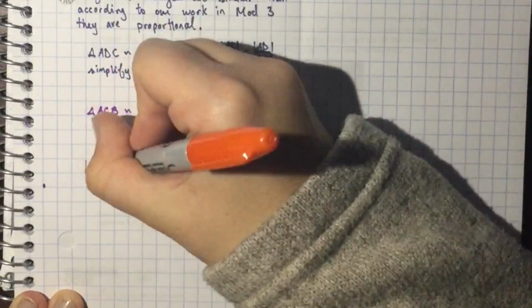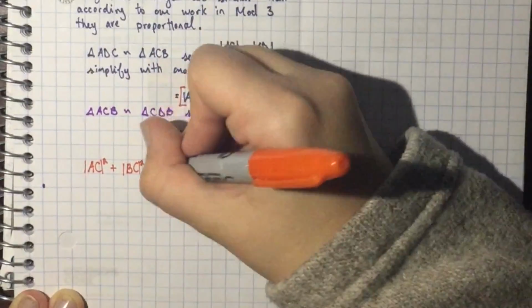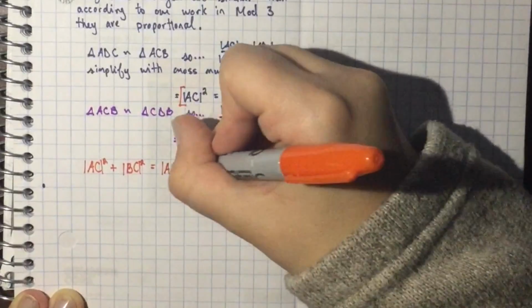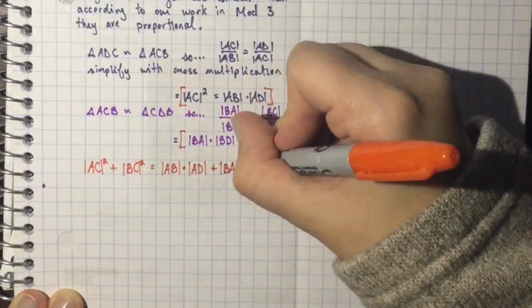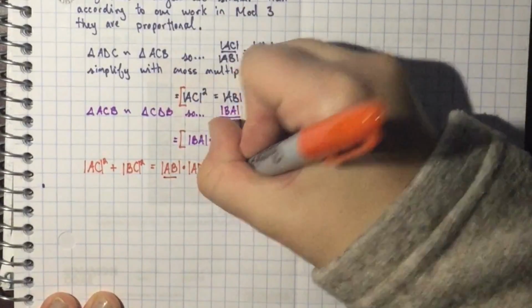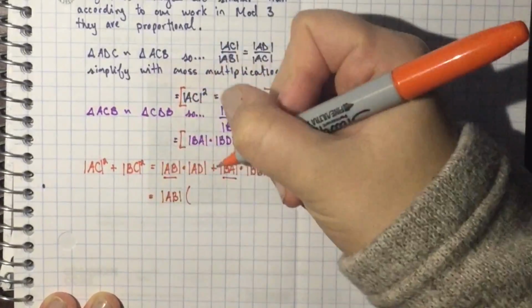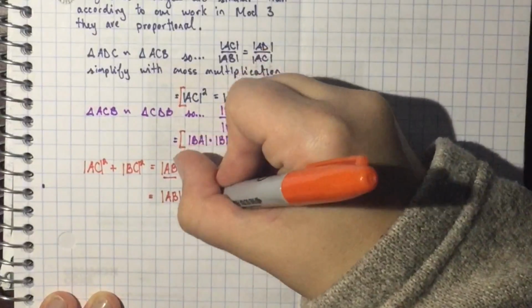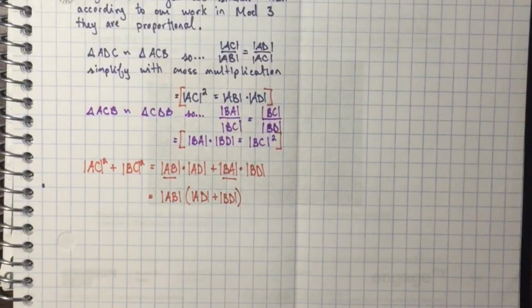When I do that, I get AC squared plus BC squared equals AB times AD plus BA times BD. What's important to note here is that AB and BA are actually the same thing. So I can factor out that term and say AB times what's left, which was AD plus BD.